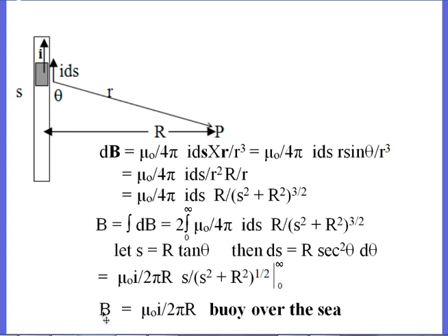This is a very powerful formula. We're going to develop it with Ampere's law, and it's going to be a much prettier journey than we had here. But it is a very important result to remember. You're going to run into a lot of wires carrying current, and you're going to want to know the magnetic field at some distance away from it.